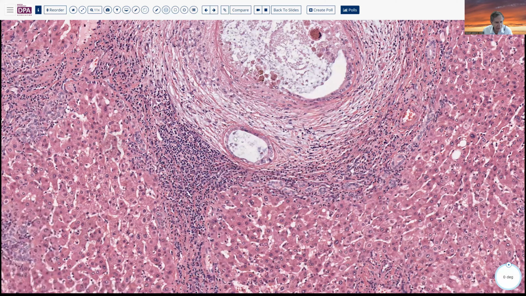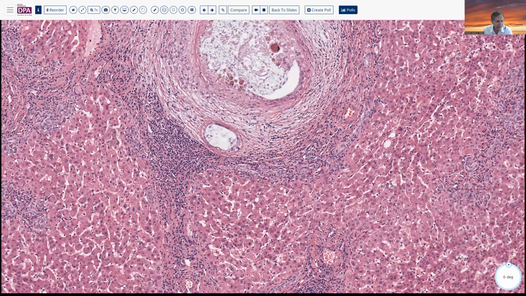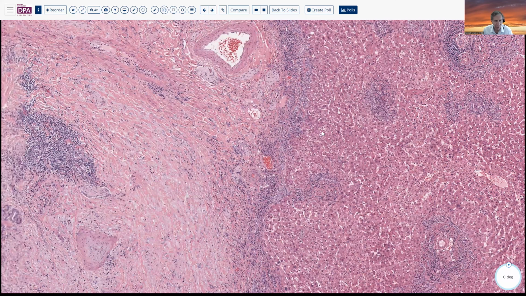Here we see another bile duct, a branch duct, also dilated and perhaps indicative of some degree of obstructive symptoms further on. Looking around this lesion a little bit further, we see other areas where, again, we've got this fibroplasia and inflammatory response infiltrating and involving the liver cell plates.